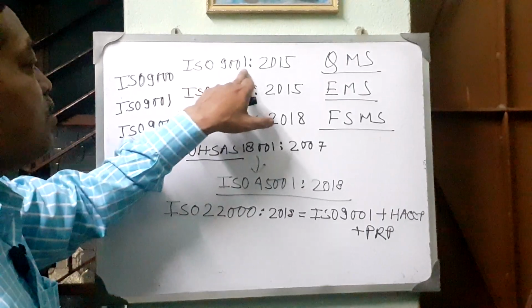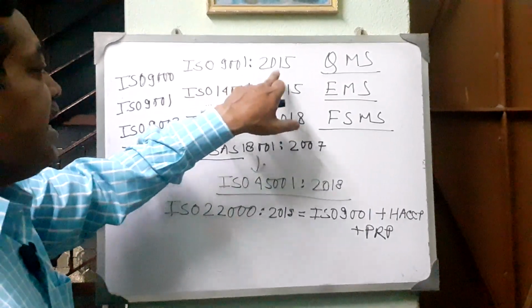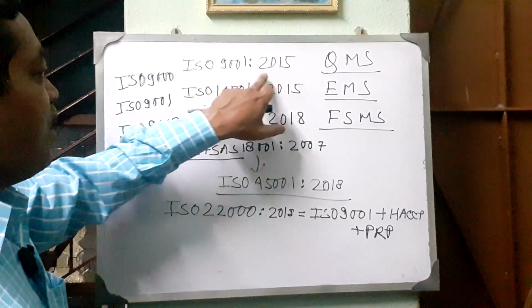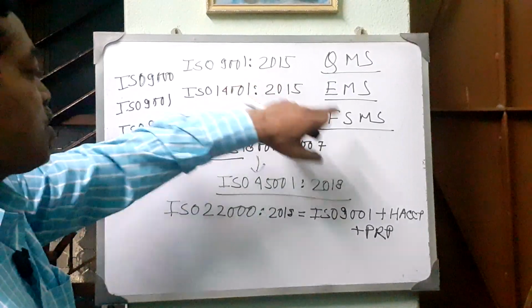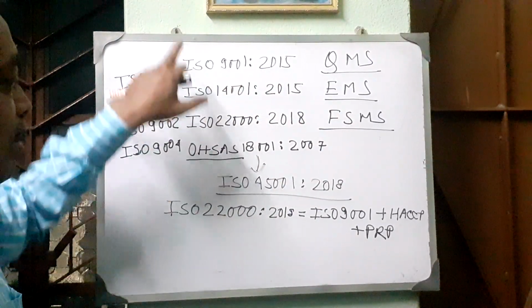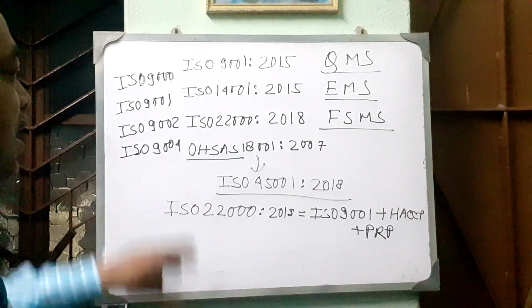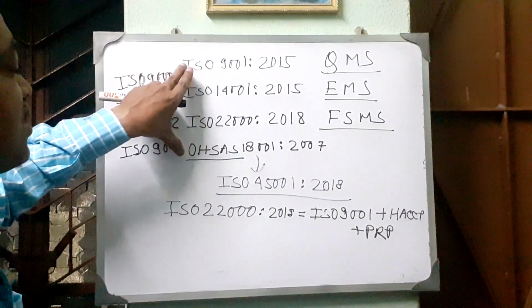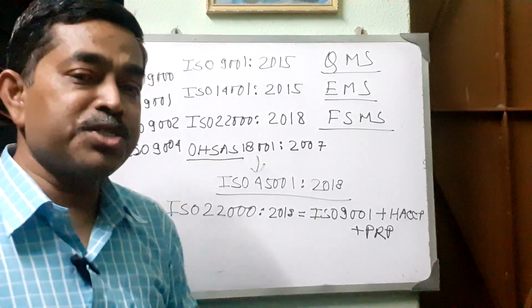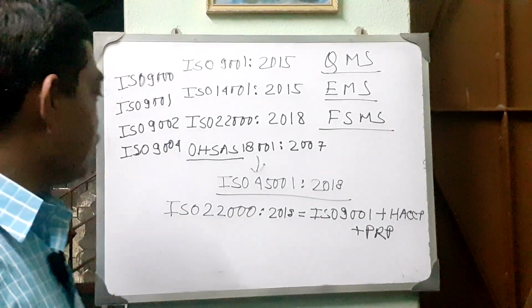Previously ISO 9000 was 2008, now it is upgraded, and this is the latest version. I have written all the latest versions of these ISO standards, and they are very important in the food industry and dairy industry also.